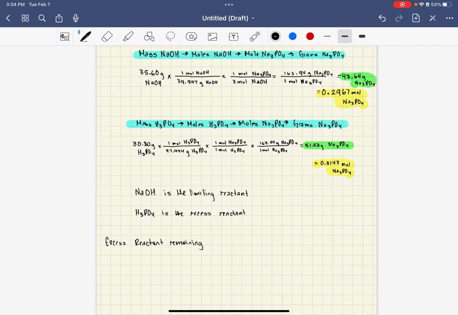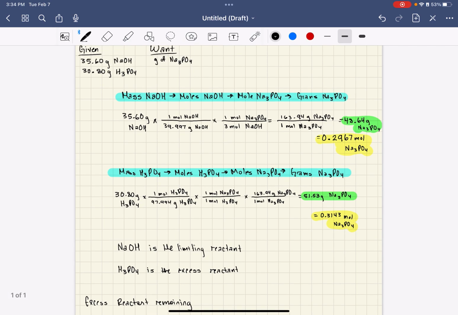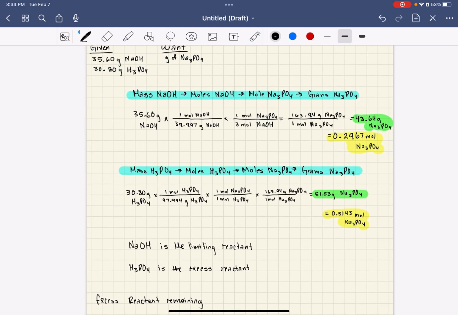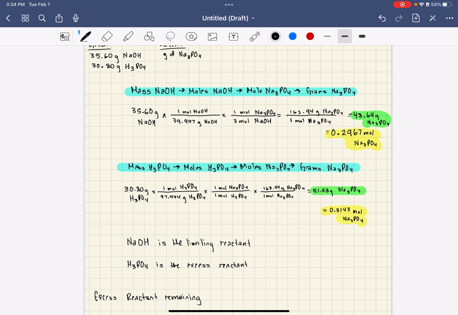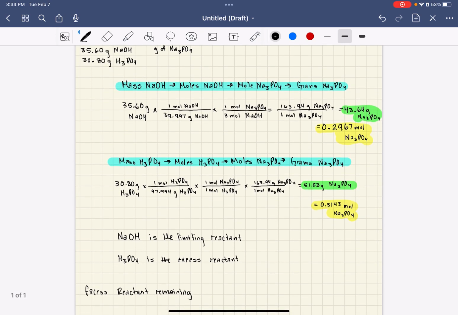So now what we have to do is to get the limiting reactant to induce stoichiometry with the excess reactant. And this will be something like this. We know that NaOH is the limiting reactant, correct? So 35.60 grams.